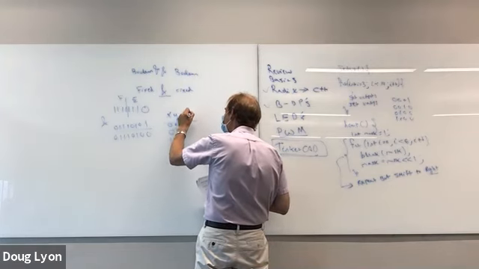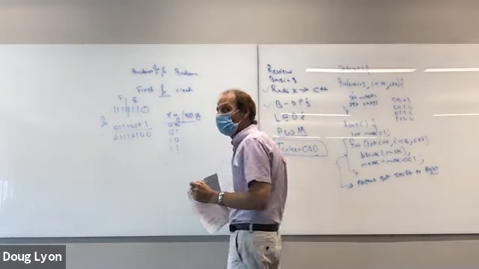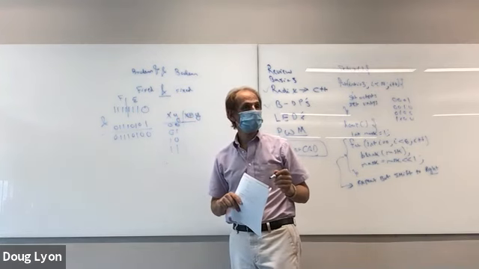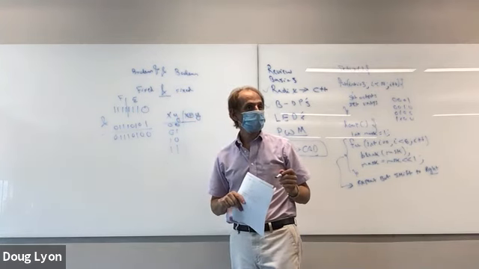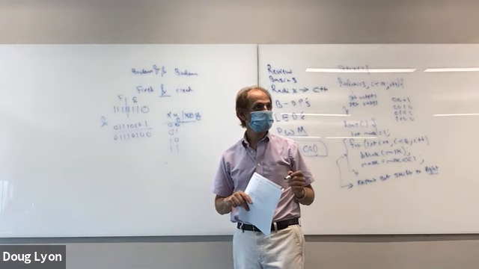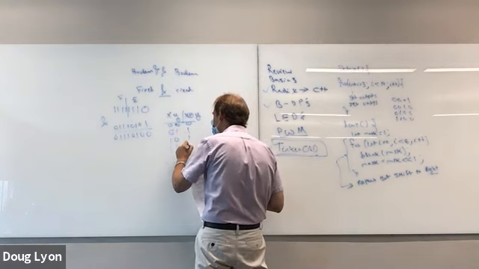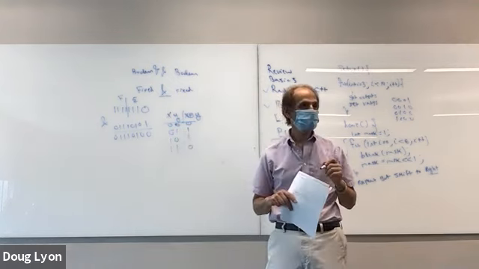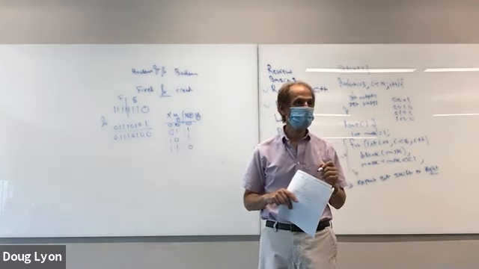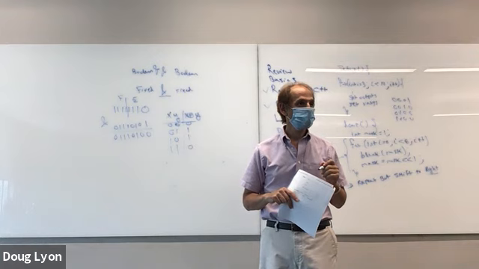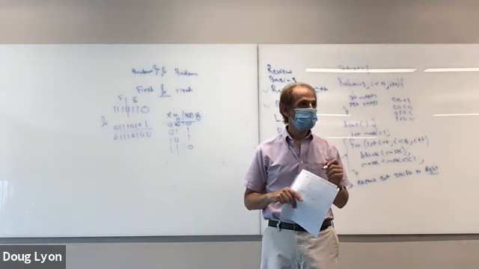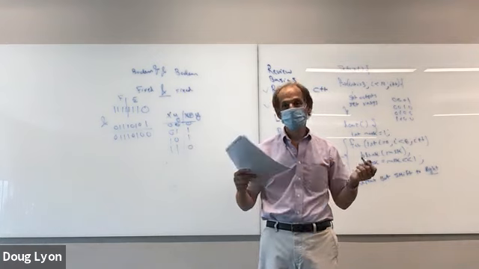X exclusive OR Y. Exclusive OR is a basic Boolean operation. The output is going to be 0, 1, 1, 0. That's what we think of when we think about exclusive OR. How do you do that in Java or C?